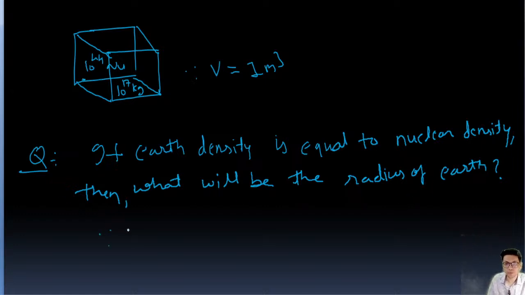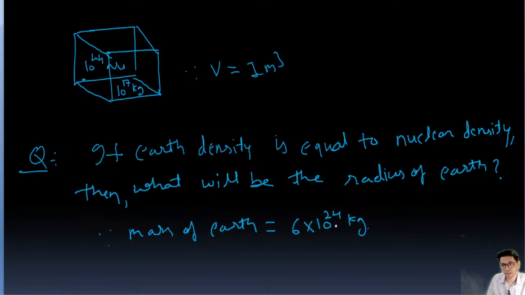Since we know the mass of earth is equal to 6 into 10 to the power 24 kg.